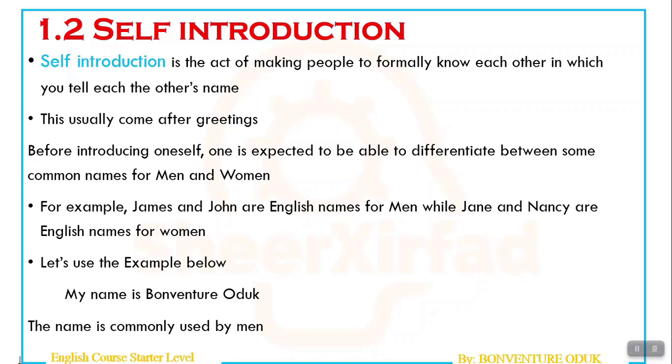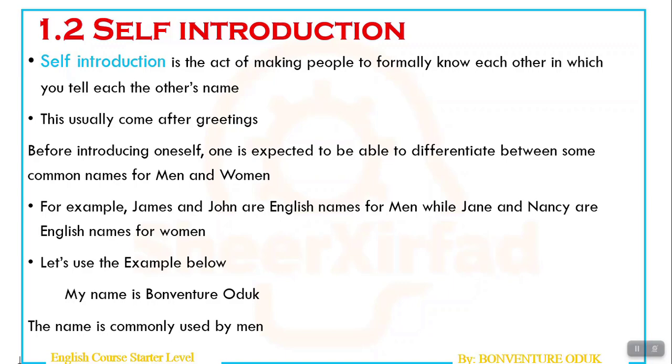Before introducing oneself, be able to differentiate between some common names for men and women. For example, James and John are English names for men, while Jane and Nancy are English names for women.